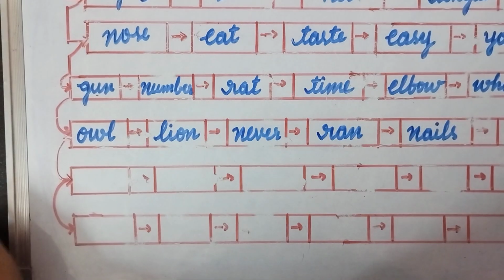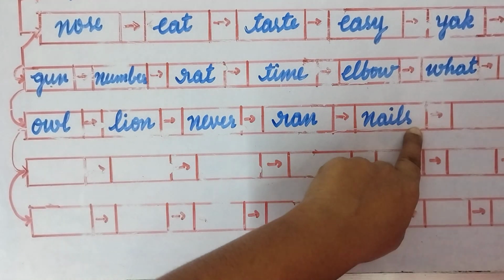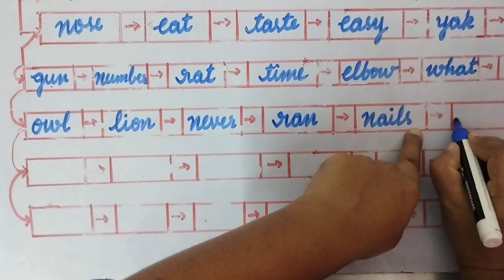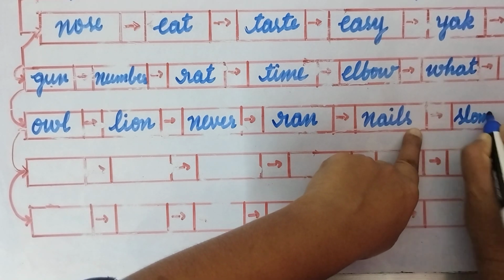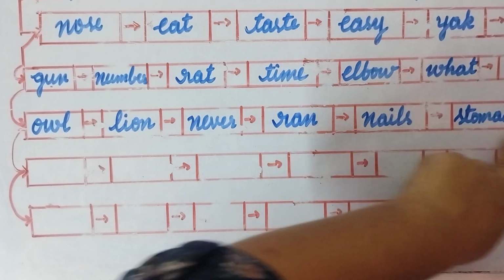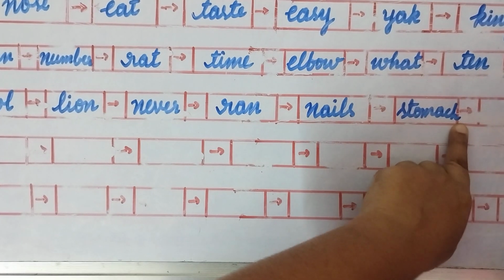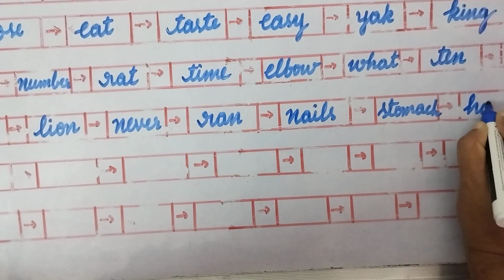The last letter is S. S for stomach, S-T-O-M-A-C-H, stomach. The last letter is H. H for hand.